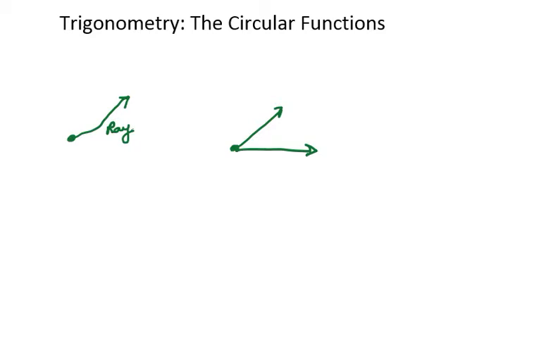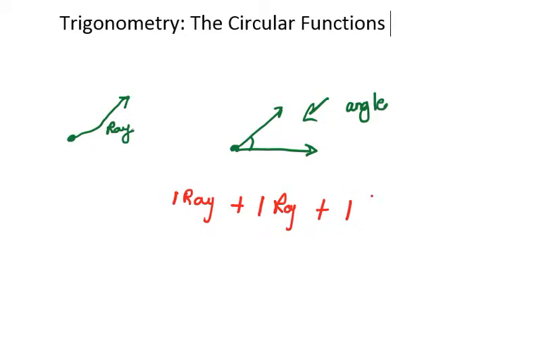What we actually call this is an angle. So that is an angle. I just formed a definition for you, whether you knew it or not. We took one ray and we took another ray, and they intersected at one vertex. And that's what forms an angle.